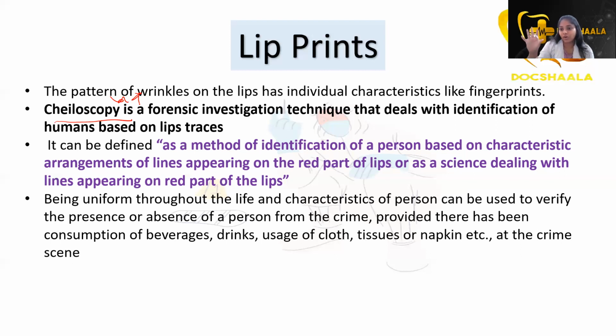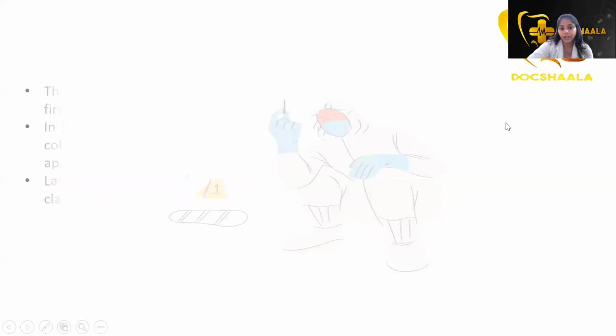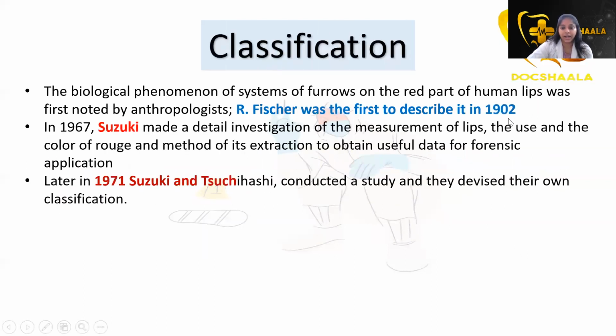The lip print can be used to verify the presence or absence of a person at a crime scene, provided there has been consumption of a beverage or drink, or they have used a cloth. In such cases, where the print of the lip can be appreciated, we can use it for identification during a crime investigation.